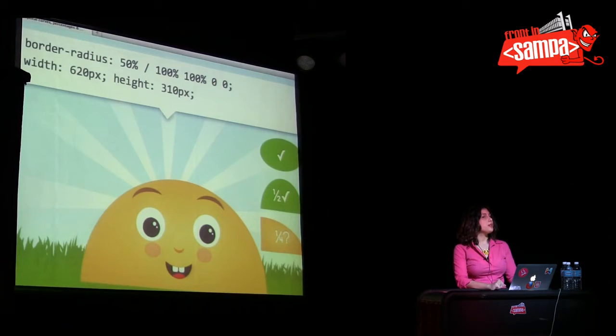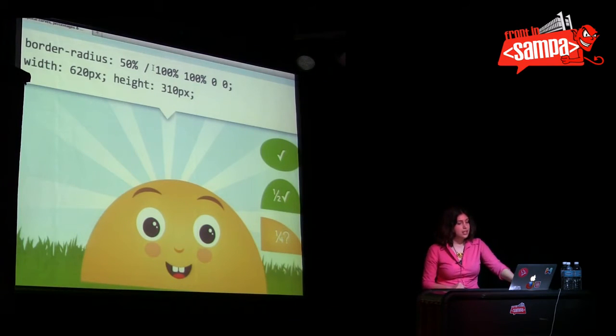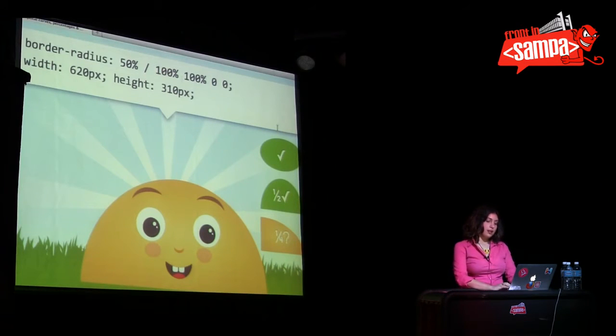Can we do a quarter ellipse? Let's think about that too. So a quarter ellipse would be: the curve of the top right corner occupies the entire width and height of the element, both horizontally and vertically, and the other corners have a radius of 0.